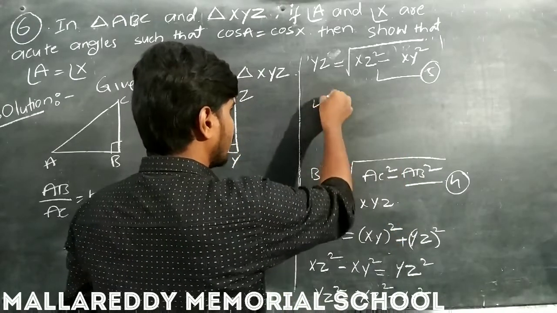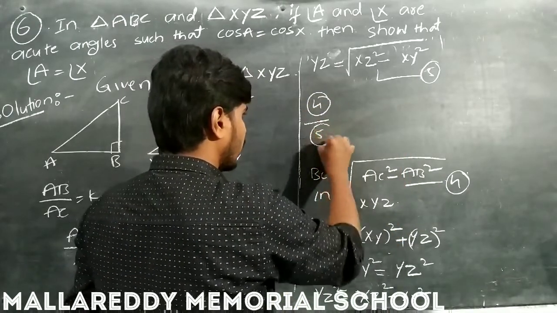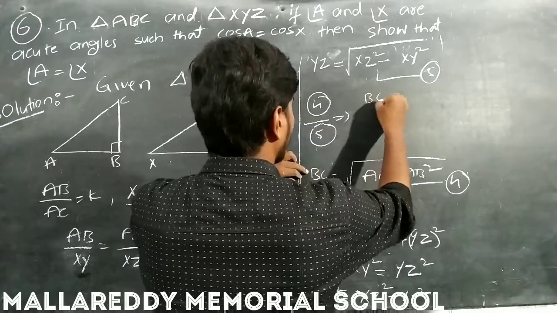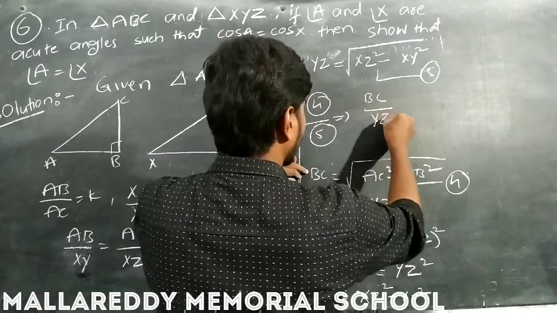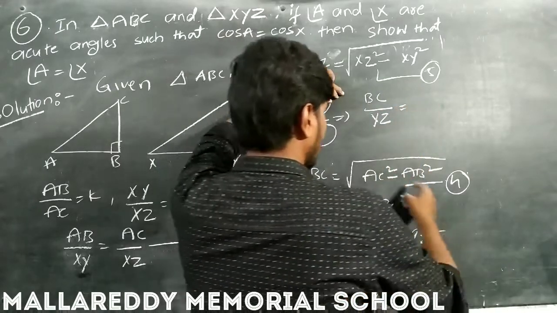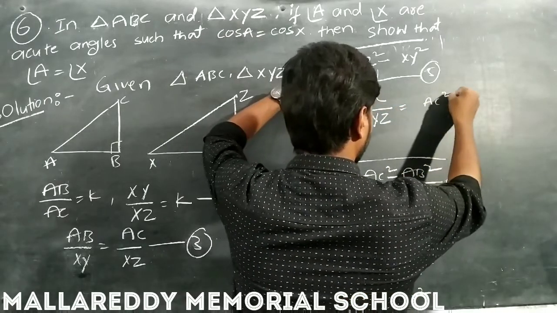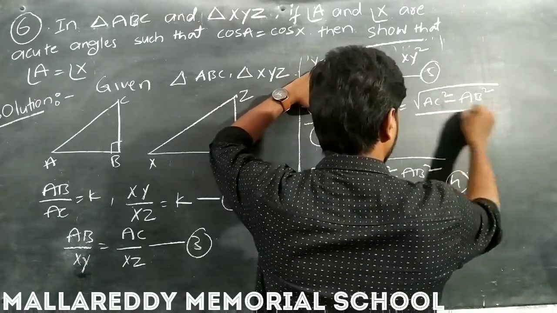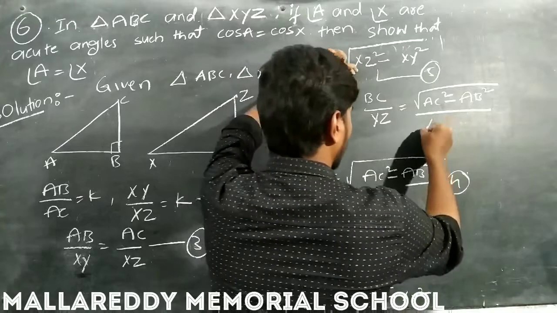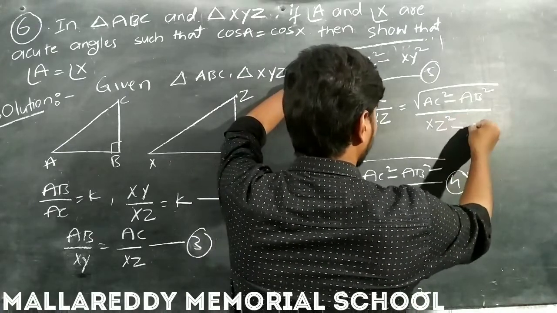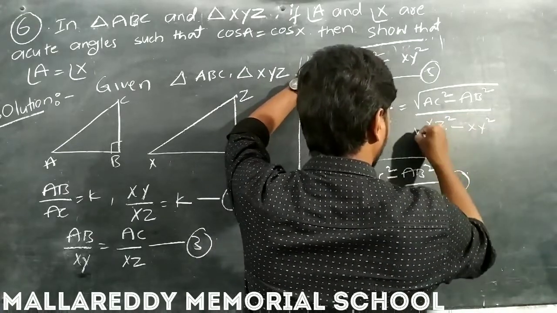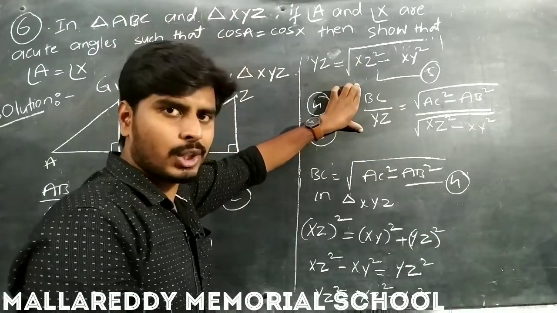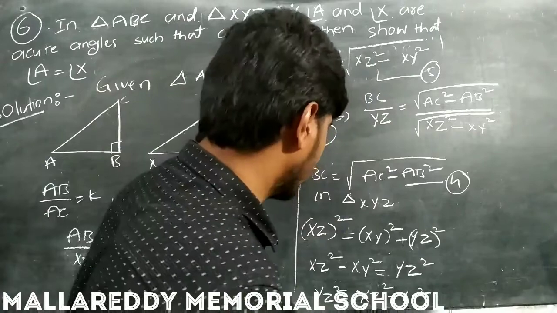That means equation 4 by equation 5. What is equation 4? BC, and equation 5 is YZ. So BC by YZ is equal to the root of AC square minus AB square by the root of XZ square minus XY square. Here I have taken the corresponding sides ratio. So this I am erasing.